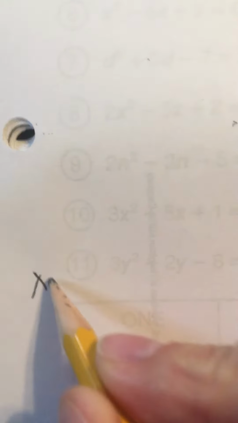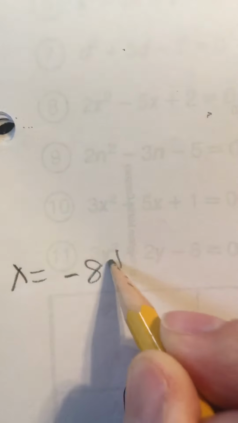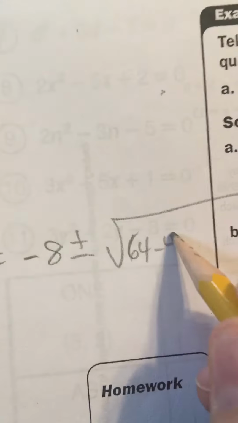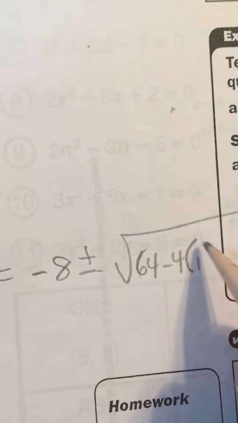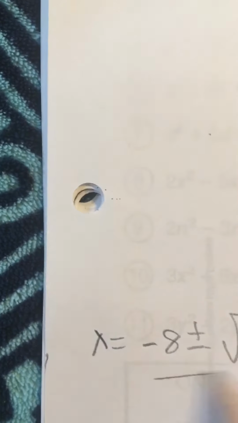Now, just for fun, let's do it again using the quadratic formula. So I would say x equals negative b, negative 8, plus or minus the square root. B squared is 64 minus 4 times 1 times negative 9, all over 2.